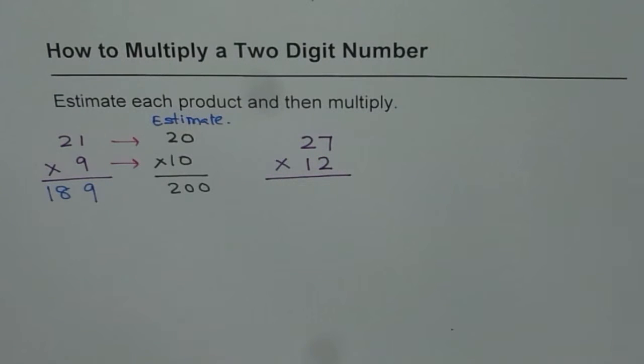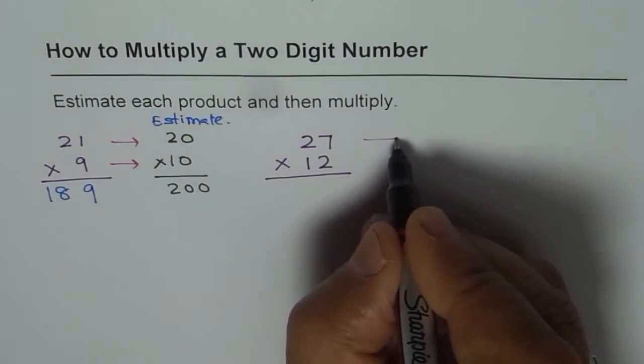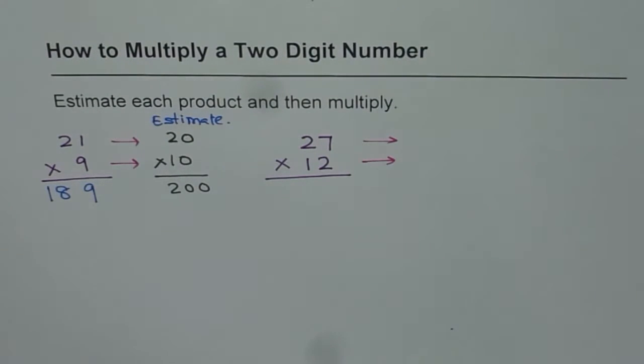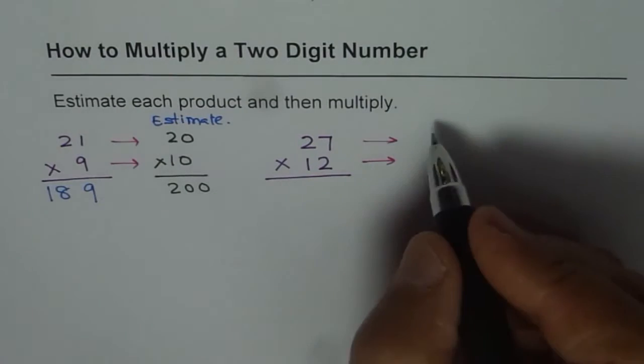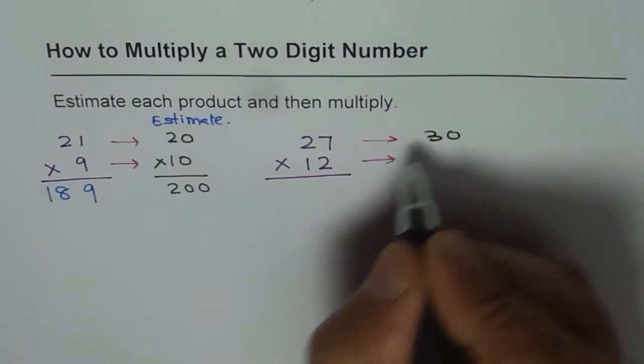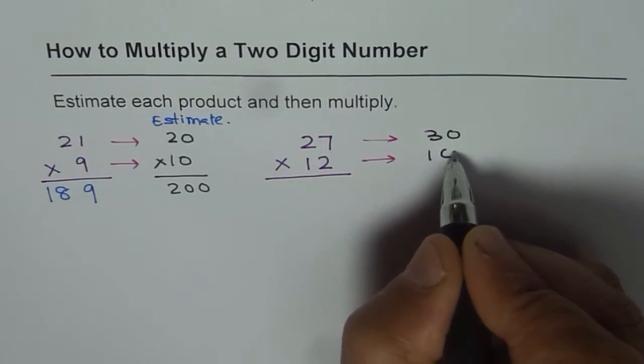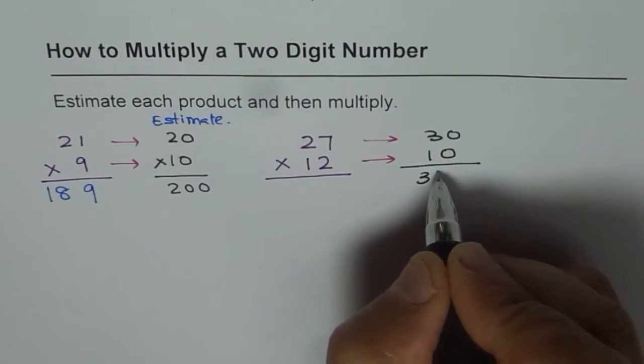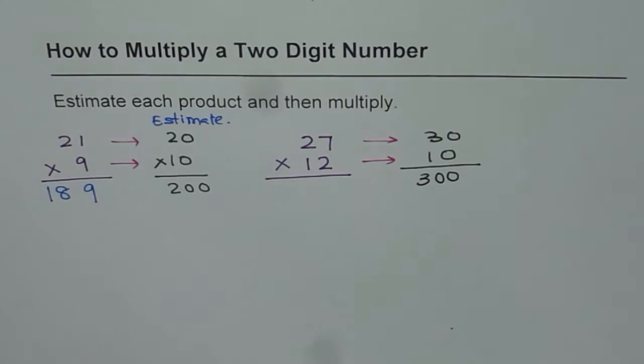As we did last time, we will estimate first. To estimate, we'll round them to tens. If I round 27 to tens, I get 30, and 12 I get 10. And if I multiply them, I'm expecting 300 as my answer. Now let us multiply and check.